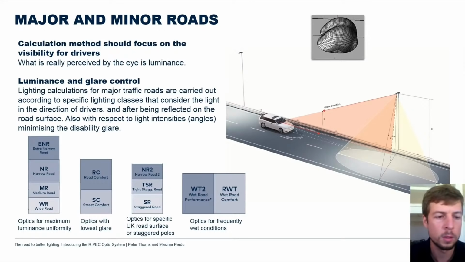It shows that you can select either luminance for uniformity in the left column, or more comfort or more specific application, because what we can see is the road surface really matters to the lighting calculation, and we can even consider wet road surface to have the best lighting result, the closest to reality.